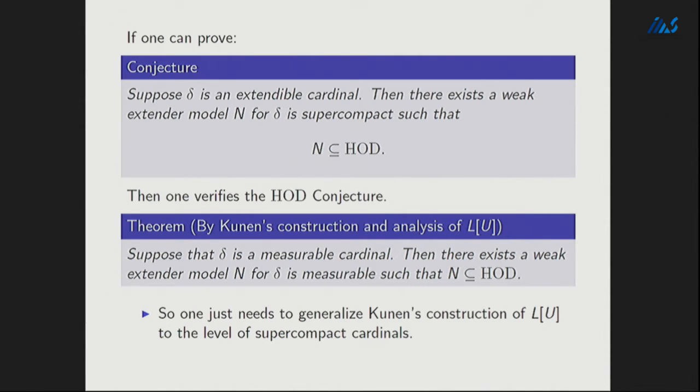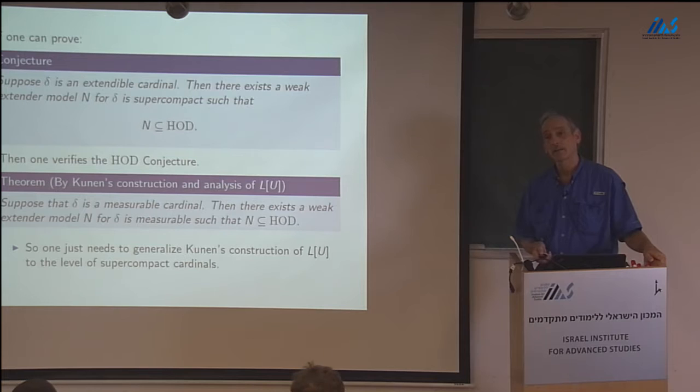You can define weak extender models for any large cardinal hypothesis which is formulated in terms of extenders. And you just require that the extenders of the model come from extenders of V, or the measures. I guess I haven't defined extenders yet. So one just needs to generalize Kunen's construction of L[U] to the level of supercompact cardinals. And we're done.